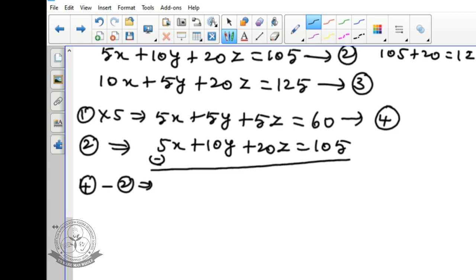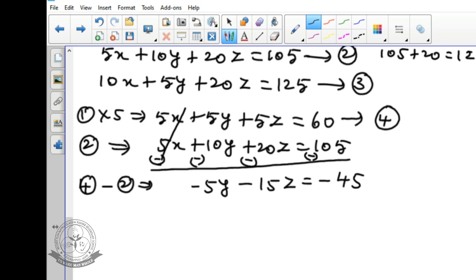So we have to change the symbol. Both positive or both negative means you have to subtract. One positive and another negative means you have to add the equations. So the x will be cancelled. 5x minus 5x cancels, 5y minus 10y is minus 5y, minus 15z, equal to minus 45.